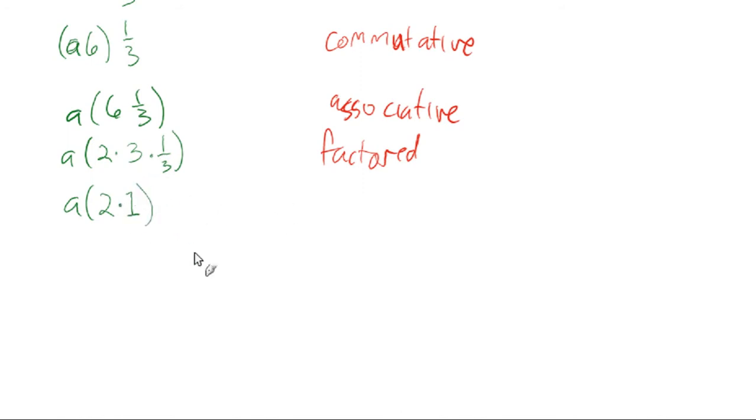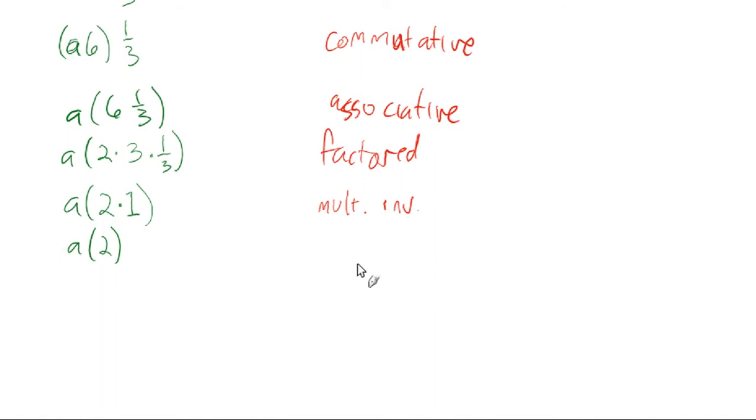Okay, so that we would say multiplicative inverse. That could work. And 2 times 1 is just 2. So you get a times 2.